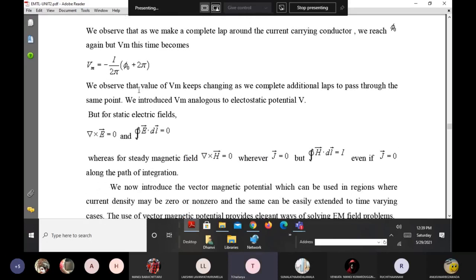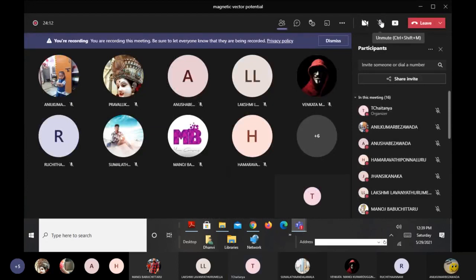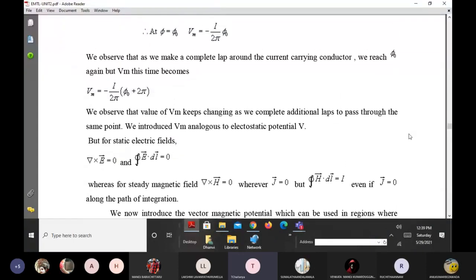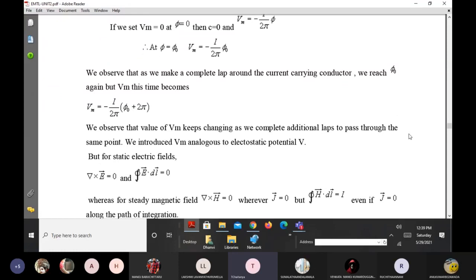So finally we have recognized the Vm value is that minus I by 2 pi into phi naught, that is the magnetic scalar potential.